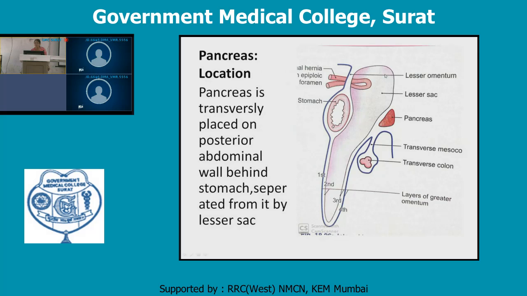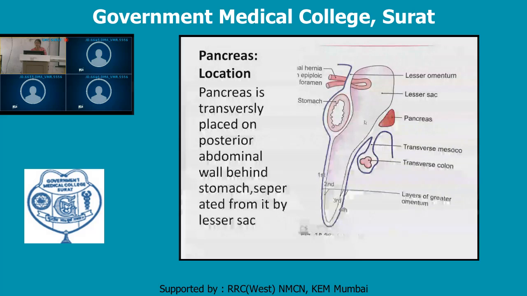This is the lesser sac, the small sac of peritoneum. And here is our pancreas, you can see. So anteriorly there is the stomach, then the lesser sac, so you have to displace all this to see the pancreas. So it is transversely placed on the posterior abdominal wall behind the stomach, separated from it by the lesser sac.